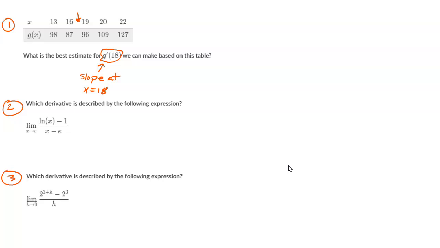So this is going to be the point 16, 87 and the point 19, 96. To find the slope between those two, g prime of 18 is approximately 96 minus 87, so y2 minus y1, over 19 minus 16.